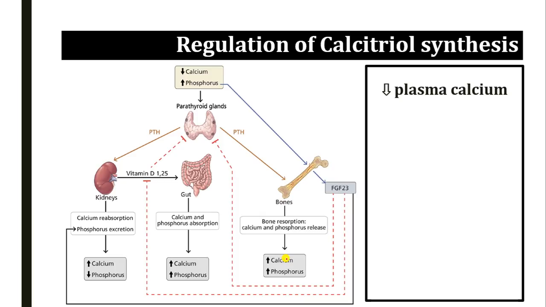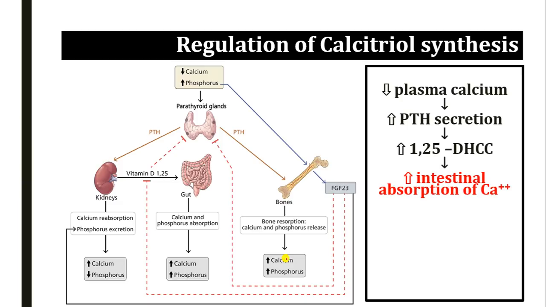So it's like this: when plasma calcium level falls, it increases the PTH, parathyroid hormone, secretion. It increases the 1,25-dihydroxycholecalciferol level by increasing the hydroxylase activity in the kidney.